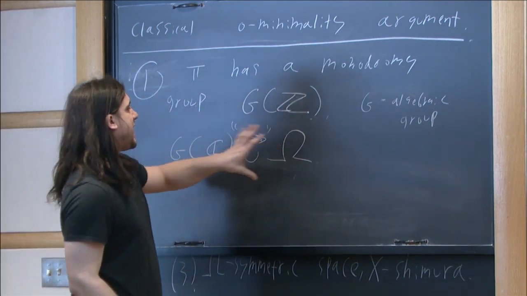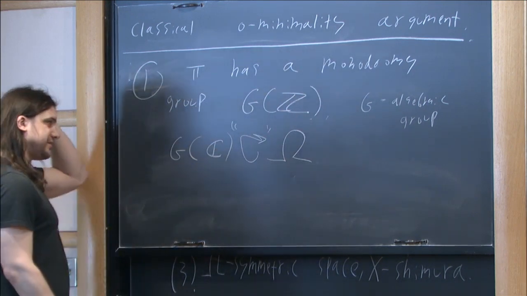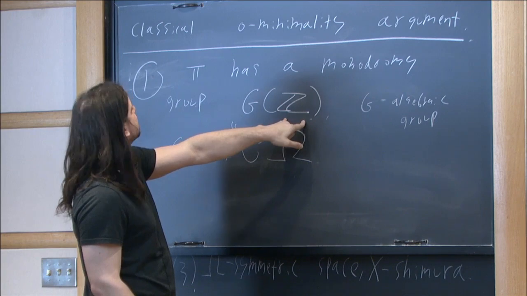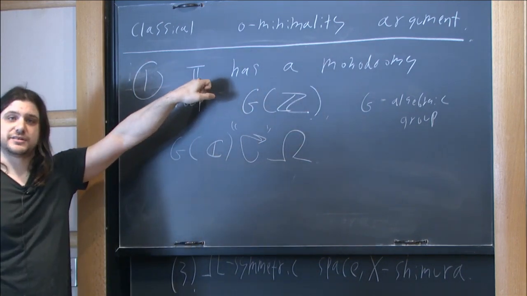And so you have this giant action, which is transitive, and in fact more than that. And inside there, you have the integer points under which π is invariant.